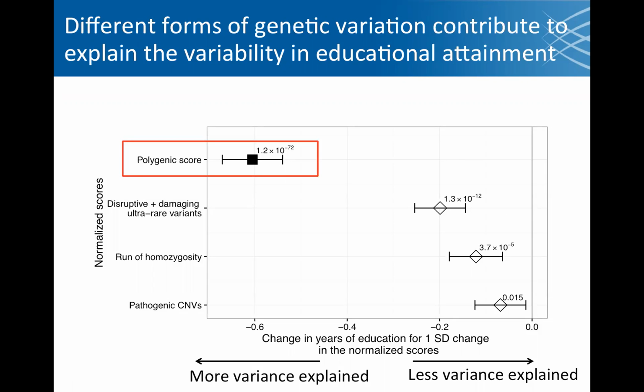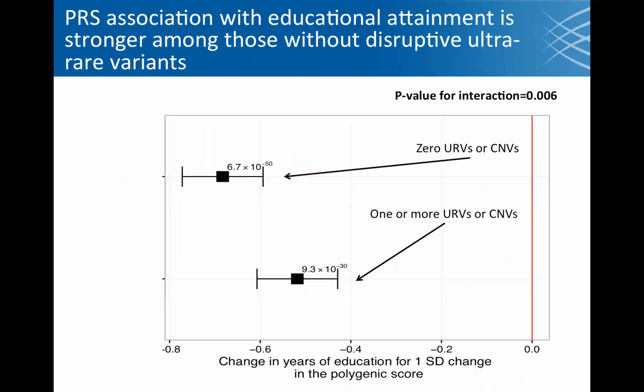Now, what happens if we look at the interaction between the polygenic score, built from common variants, and the ultra-rare variant score? Are the two scores really independent, or do they interplay with each other?